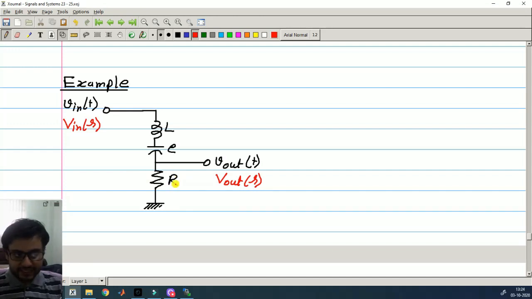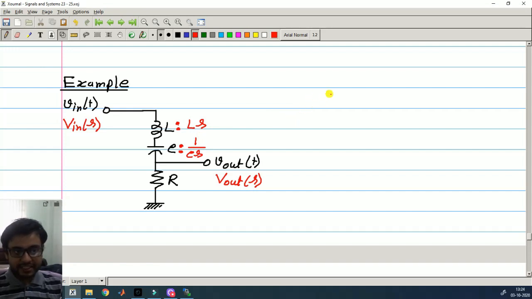For a resistance it is the same as R, for a capacitance it is 1 by Cs, and for an inductor it is Ls. This is true under initially relaxed conditions, but the transfer function is defined only under initially relaxed conditions anyway, so we can write this.